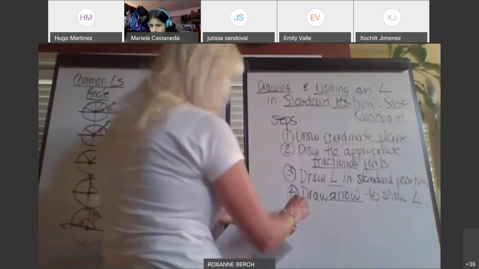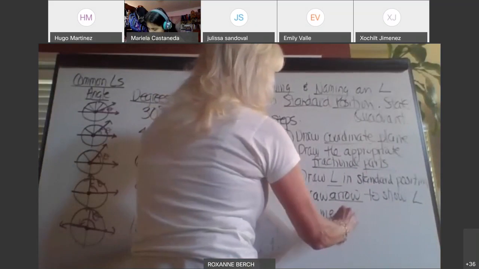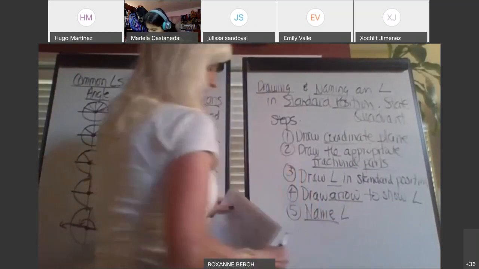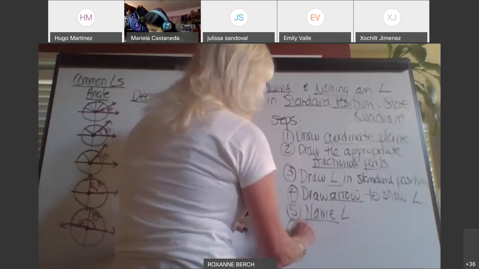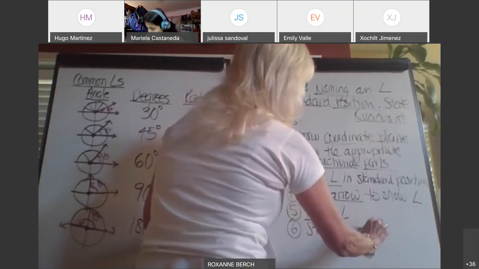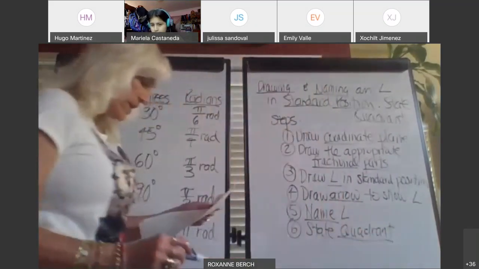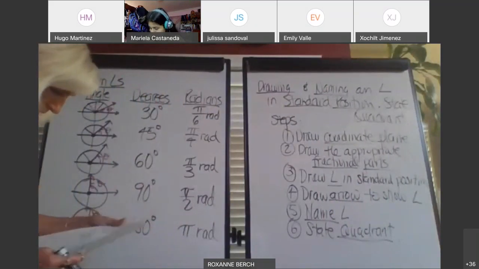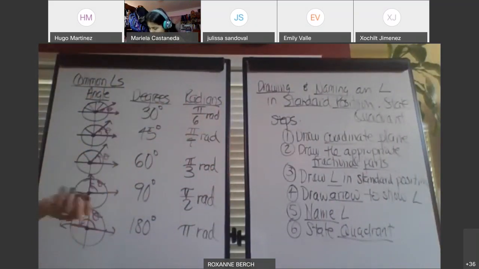And 5, you're going to name the angle with some Greek letter. And then you're going to state the quadrant. So you want to make sure you memorize those steps and that you're doing this on every problem that I ask you to draw, name, and angle. You need to do this.